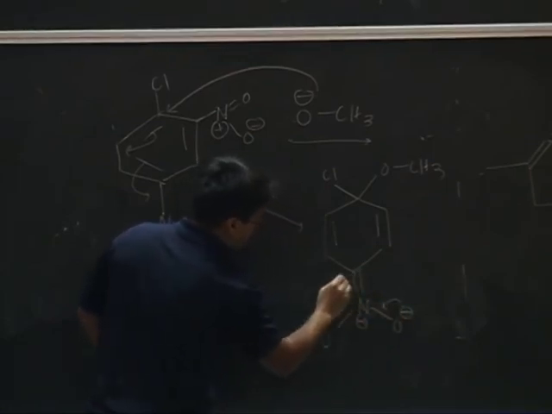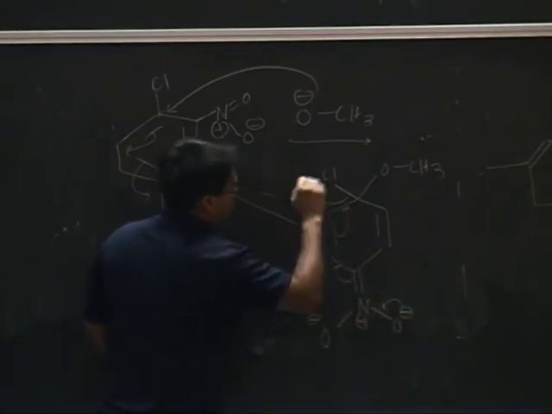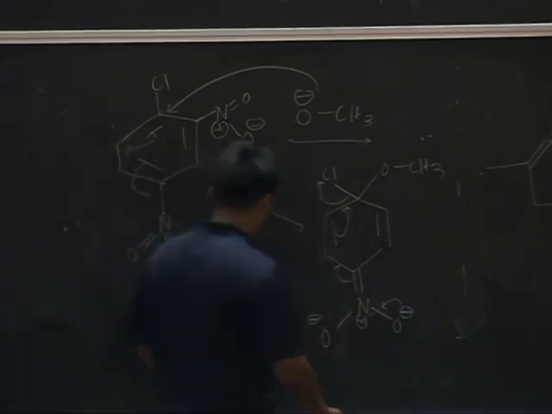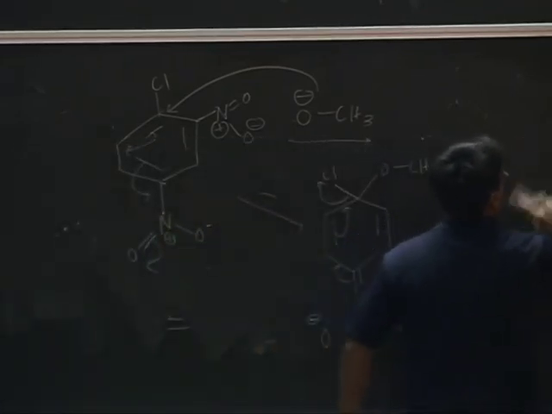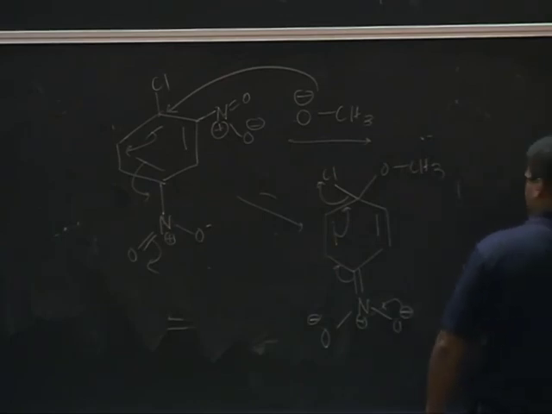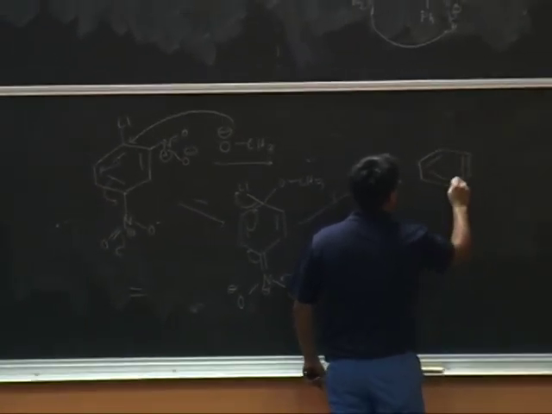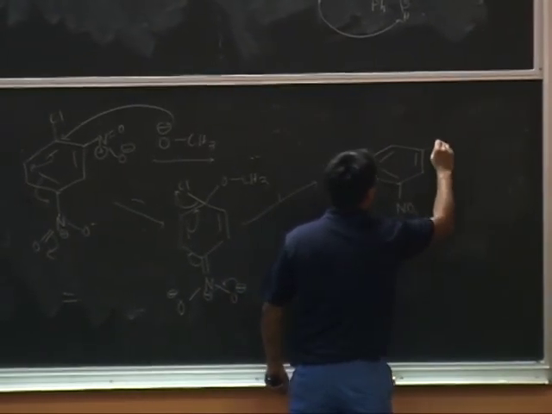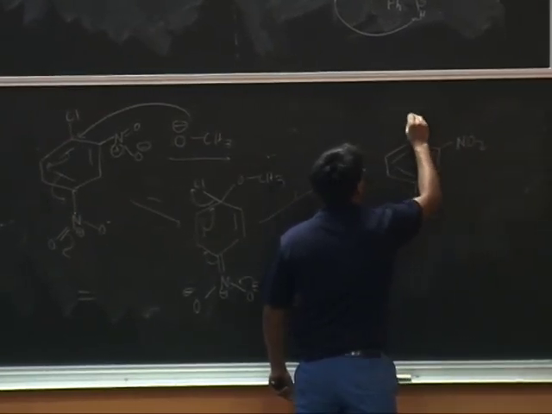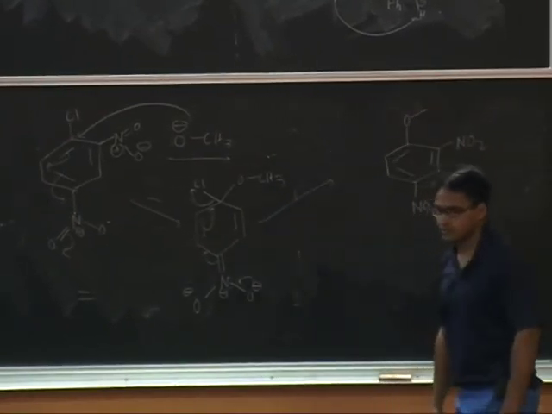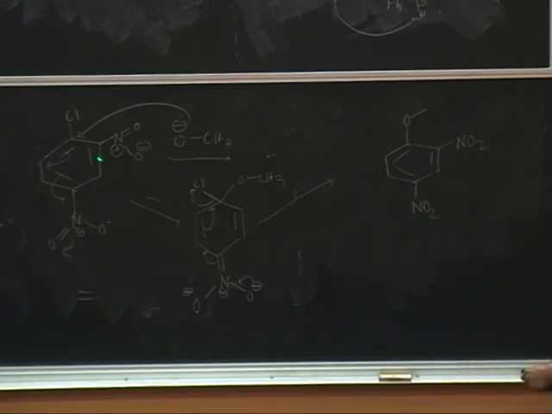It kicks in, and the Cl goes out. Okay? So you did sort of a formal substitution on an sp2 carbon. You see the Cl is gone and you have a methoxy over there. So these two examples are important. They're exceptions. Yes?